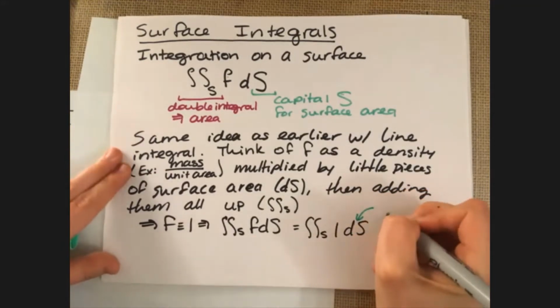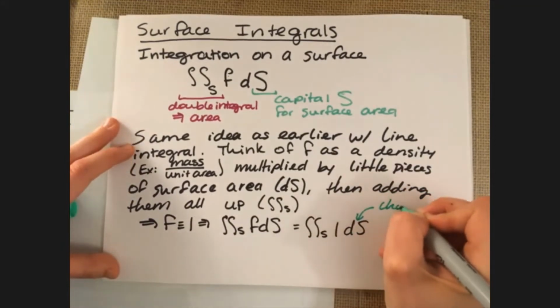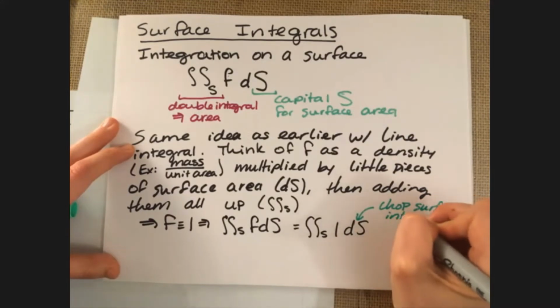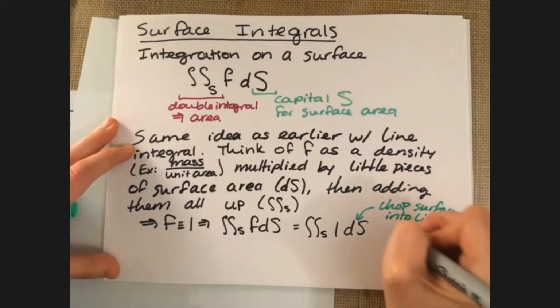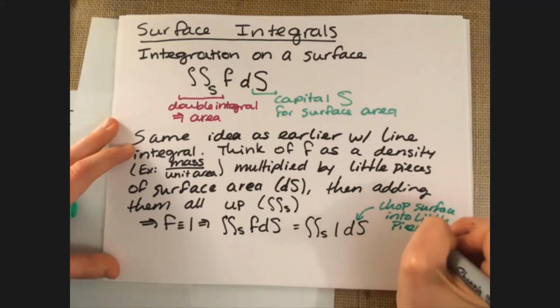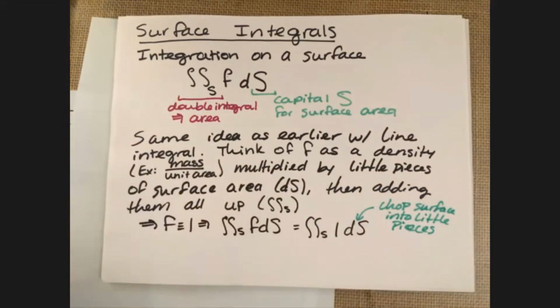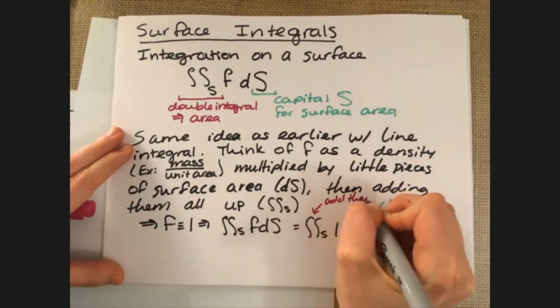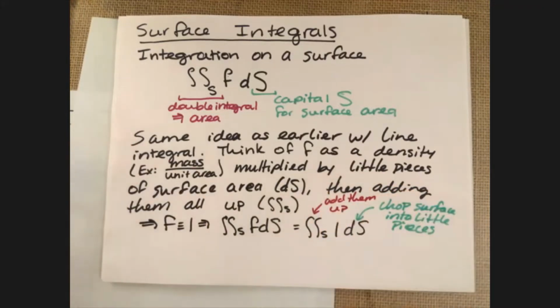this chops the surface up into little pieces. And the double integral adds them up. And since each of the little pieces is only getting scaled by 1, we're not really changing them any. So all we've done is take our surface, chop it up into tiny little pieces, and then added them back together.